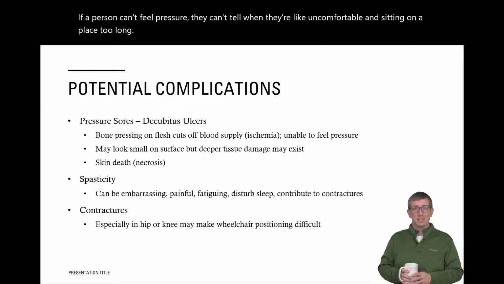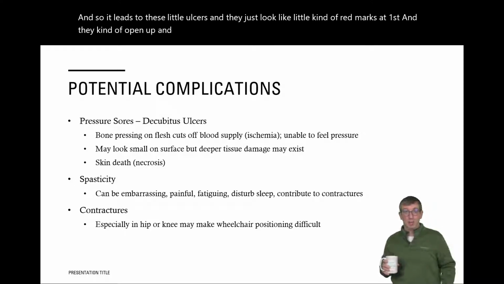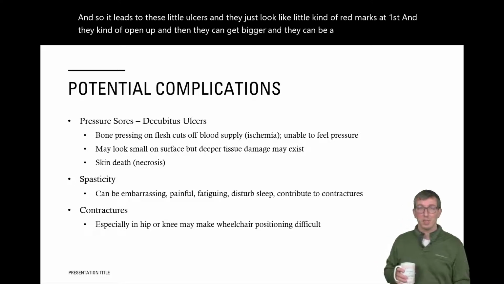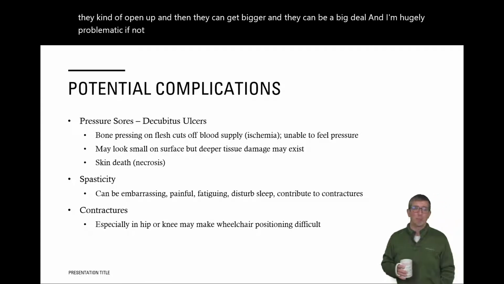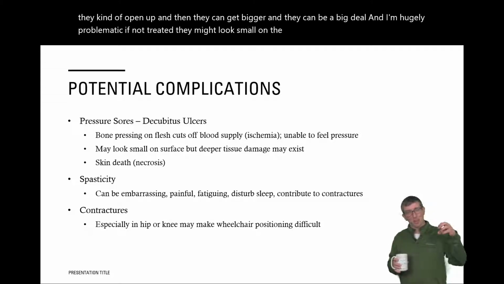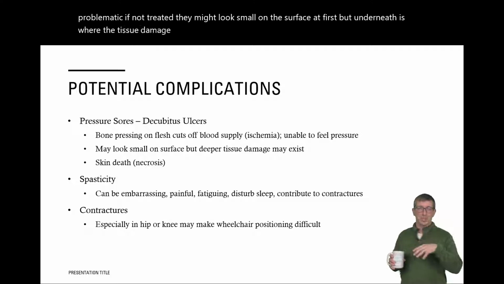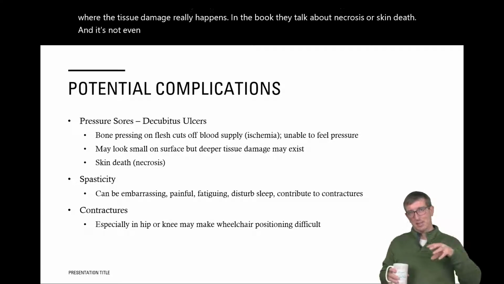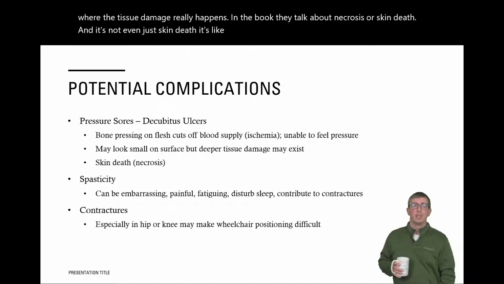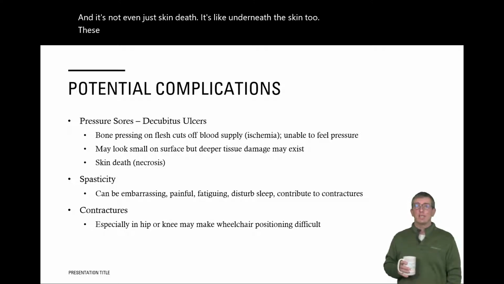And so it leads to these little ulcers, and they look like little red marks at first, and they open up, and then they can get bigger, and be hugely problematic if not treated. They might look small on the surface at first, but underneath is where the tissue damage really happens. In the book, they talk about necrosis or skin death. And it's not even just skin death, it's underneath the skin too. These are easily treatable.